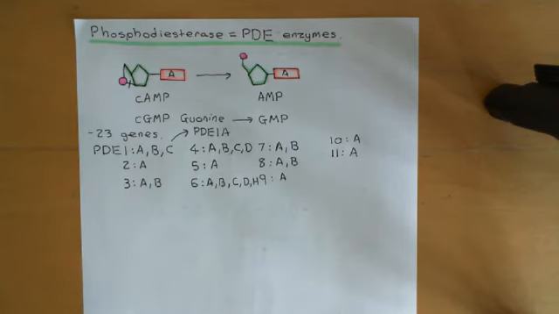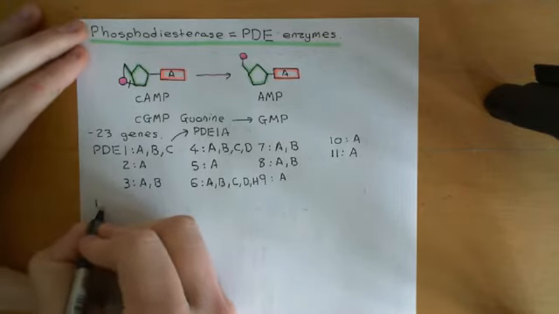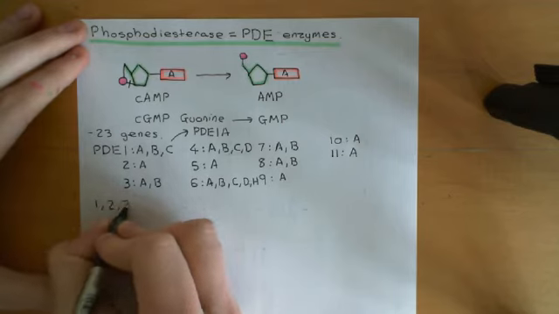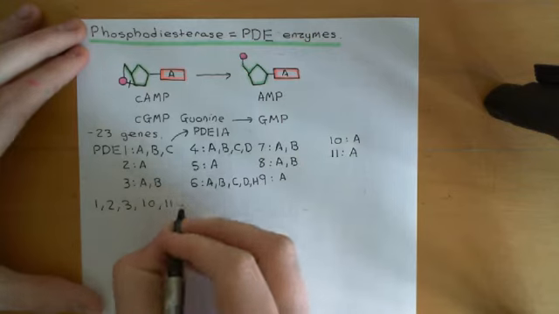So let me now tell you which of these are selective for cyclic AMP and cyclic GMP and which will break down both. Phosphodiesterases in family number 1, 2, 3, and 10 and 11, these do both.